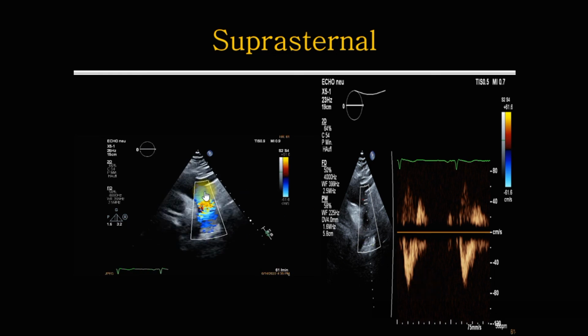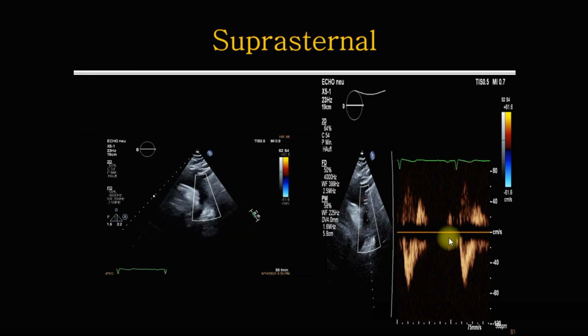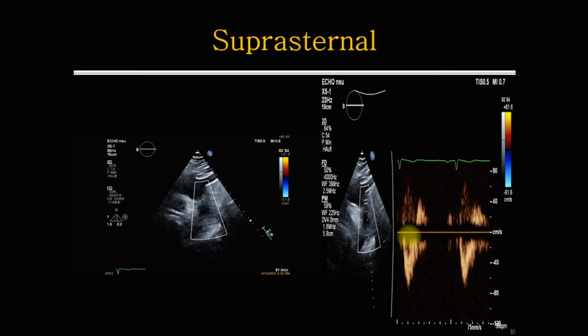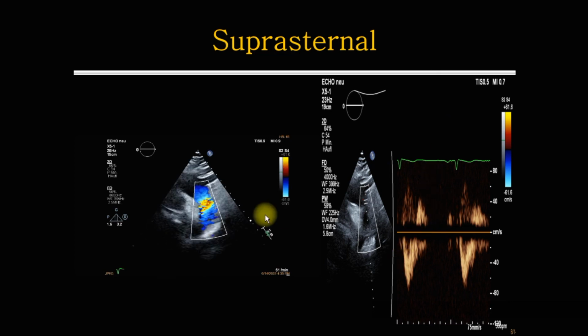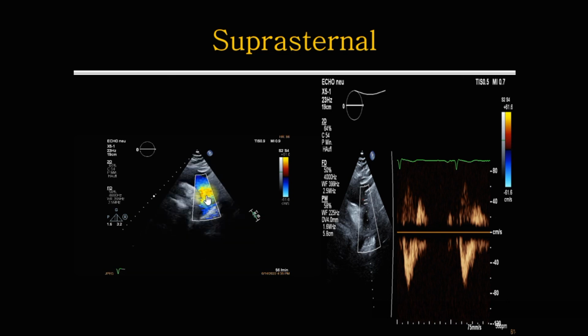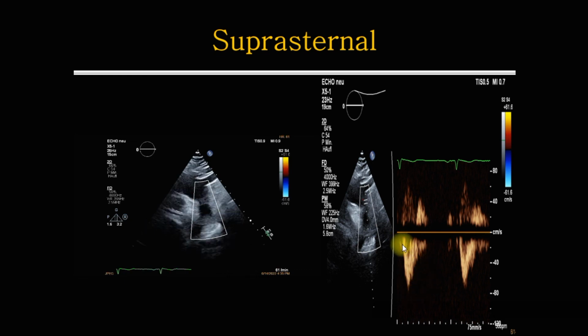With the help of color Doppler and pulsed wave, we can see if the patient has a significant aortic regurgitation. Normally, the flow in the descending aorta is from proximal to distal, in one direction.